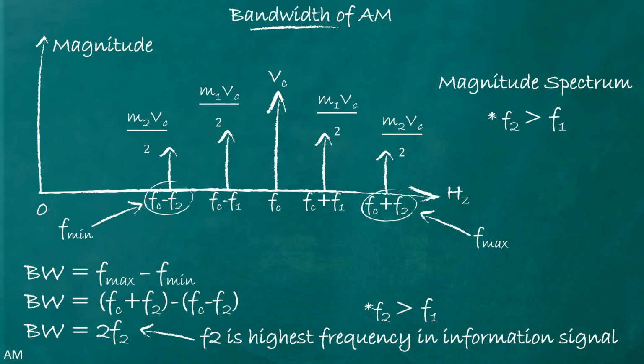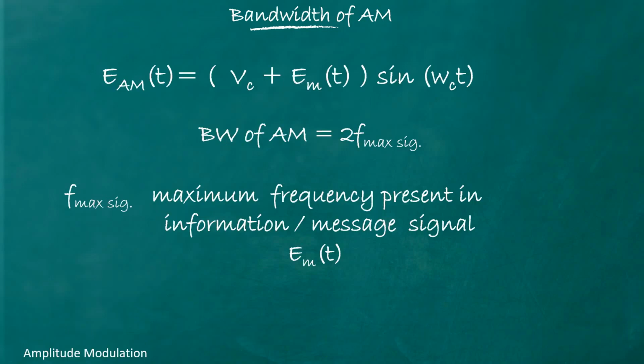So do you get any idea from this equation? Bandwidth is equal to 2 times f2, where f2 is the highest frequency present in the information signal. Yes, the bandwidth of an amplitude modulated signal is given by 2 times f max of the signal.